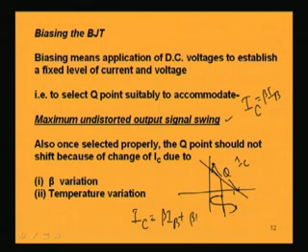That we have seen earlier while discussing the diode also. For every 10 degree centigrade rise in temperature, the reverse saturation current almost doubles. So, reverse saturation current increases with rise in temperature, which means ultimately IC will also increase, because IC is equal to beta times IB plus beta plus 1 into IC naught. So, if IC naught rises because of the rise in temperature, ultimately IC will increase.